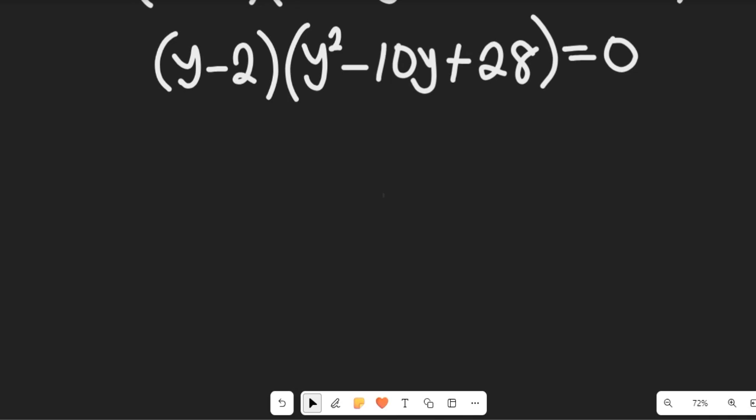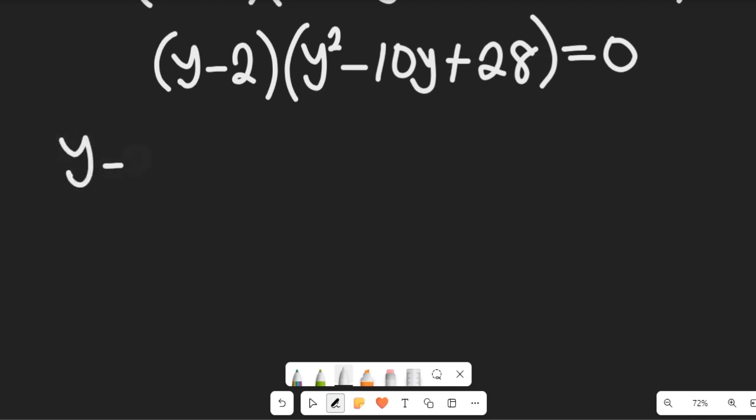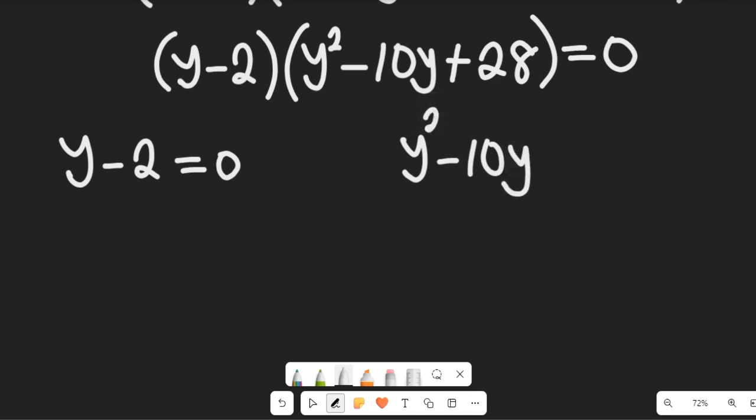Good. Now we have two equations coming out from there. We'll have y - 2 equal to 0, and then y^2 - 10y + 28 equal to 0.